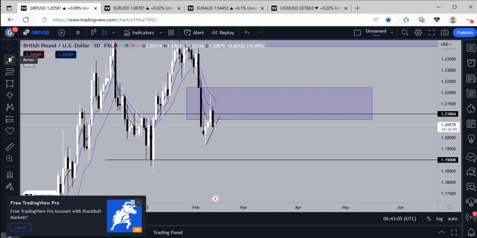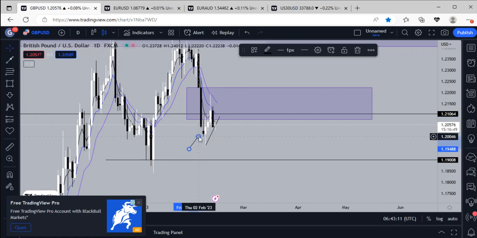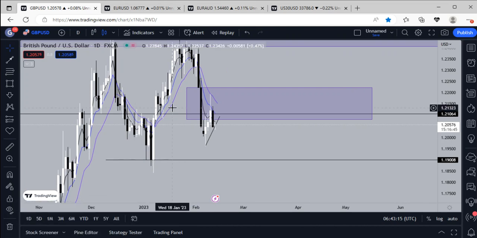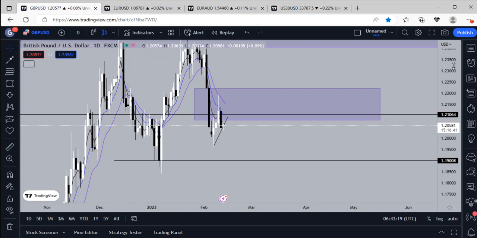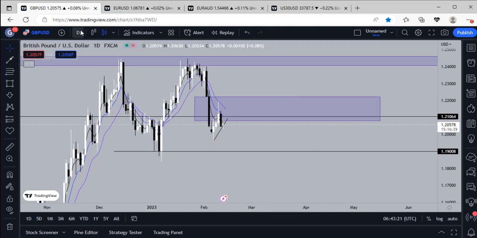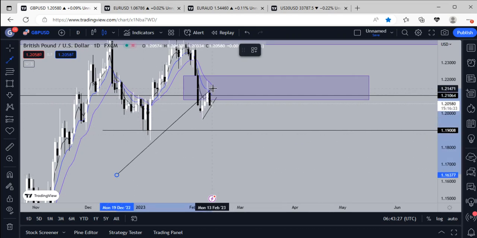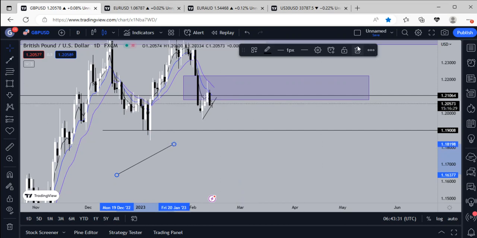So price has now somewhat filled this area, and I can go back and sell to the downside again. And as you guys can see, we're having a lot of selling momentum. Okay, price is just trying to push down to break this higher low and just break out this area, make a retest, and sell to the downside.